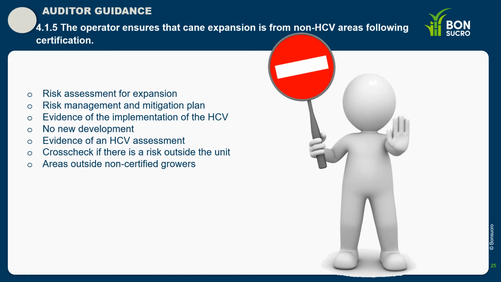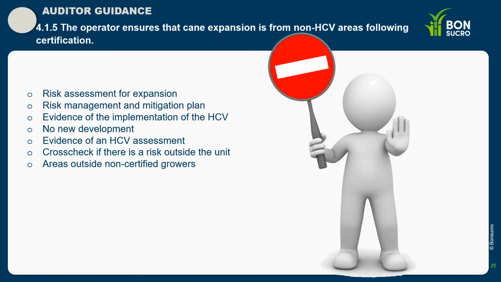If the result is an HCV assessment with an HCV Resource Network approved assessor, we need to be sure that they go to the HCV Resource Network, find the assessor, and do the HCV assessment before, of course, the new planting. If the risk is medium, they need to be sure that the biodiversity management plan is updated with that information.